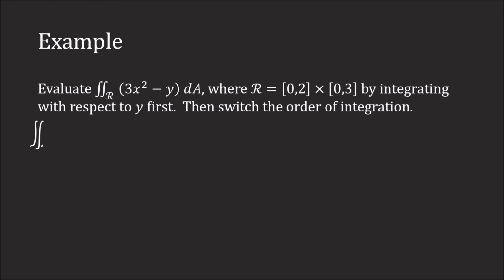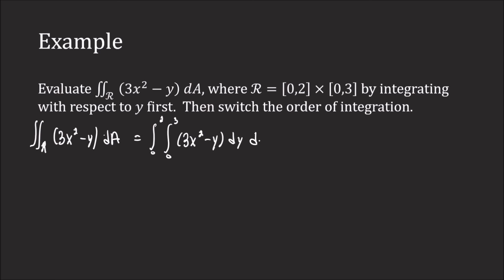All right, so first, we want the order dy dx. So this integral dA by Fubini's theorem will be the integral from 0 to 2, integral from 0 to 3, 3x squared minus y. First with respect to y, then with respect to x.